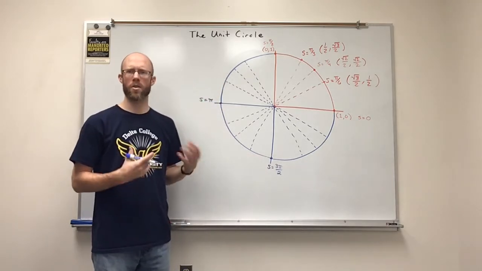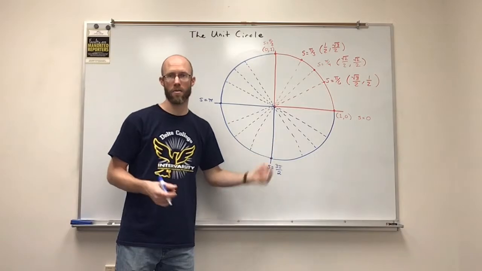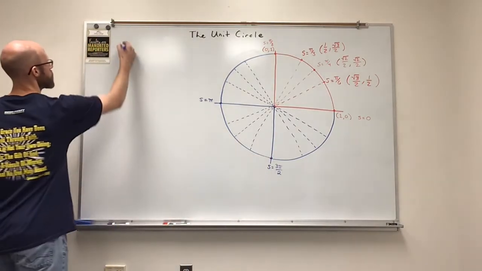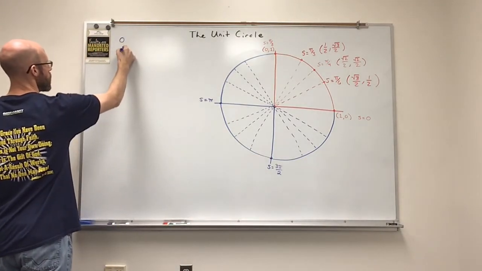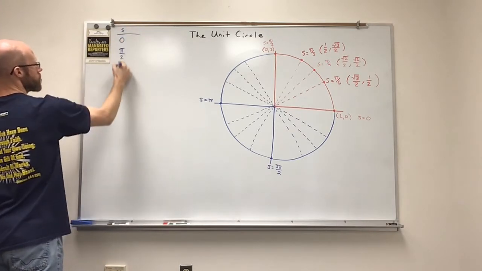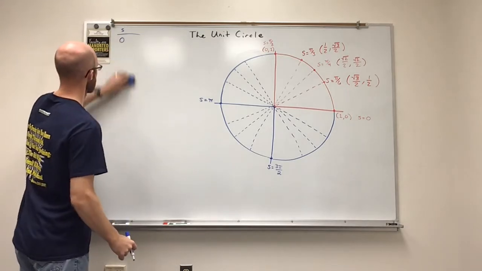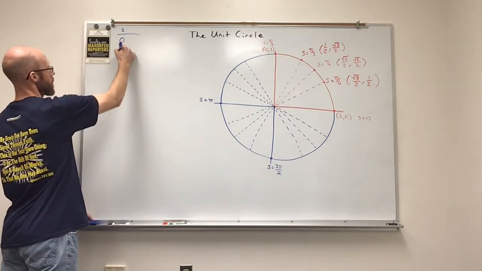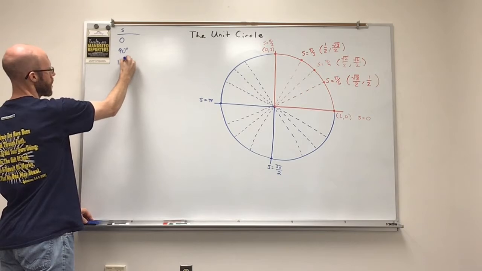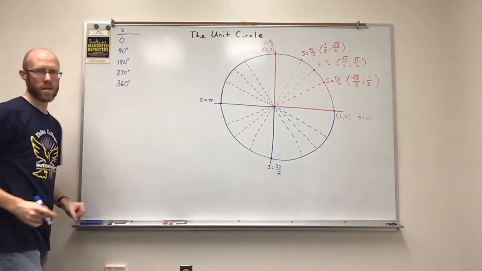Okay? And you can think of it, every 90 degrees is another multiple of 1/2. So think of it as you've got 0, you have pi over 2. These are the s values. Oh, I shouldn't do it that way. If they were in degrees, it'd be 0, 90, 180, 270, and 360.